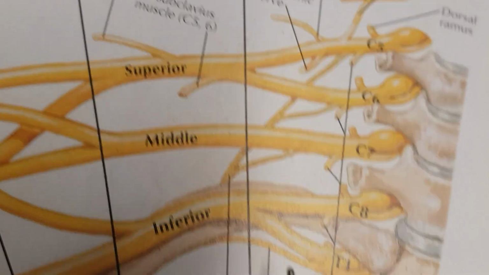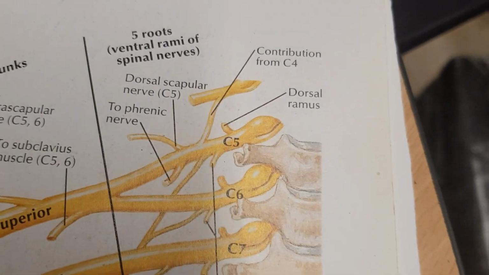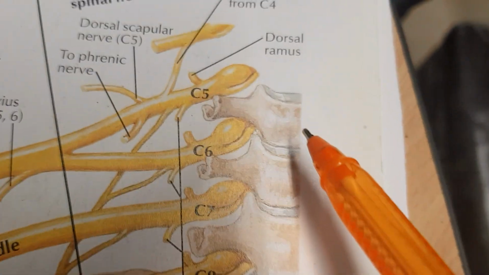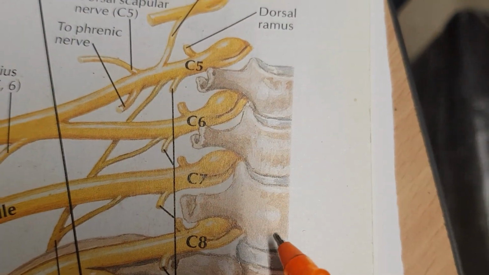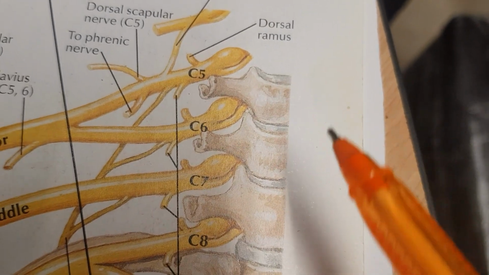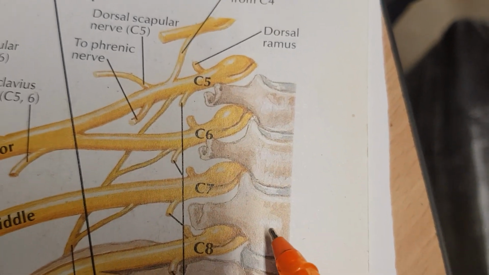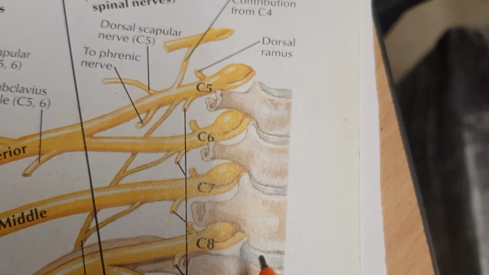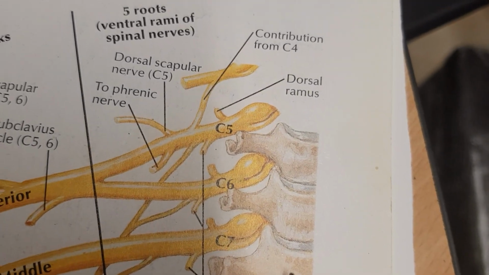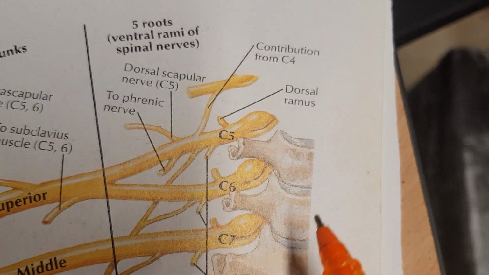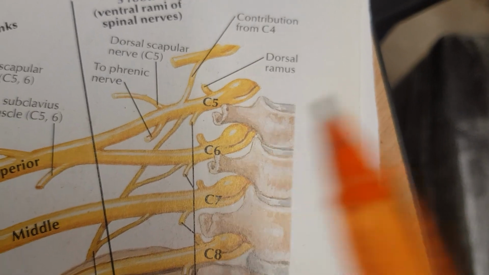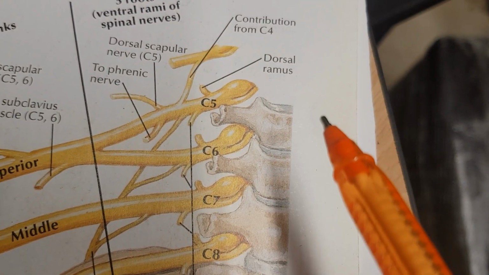Another point that you need to take note of: the cervical vertebrae are 7 vertebrae, that is atlas up to C7. Atlas, axis, C3, C4, C5, C6, C7. But the nerves in between are 8, because the first nerve C1 is above the atlas and C2 is below.